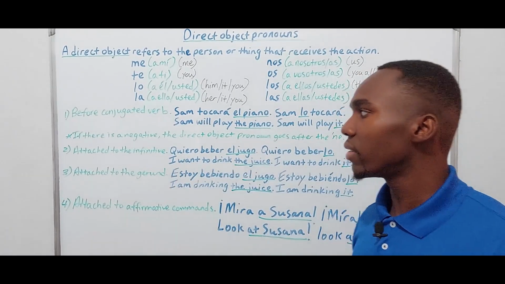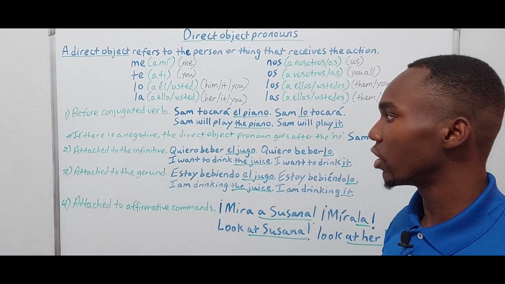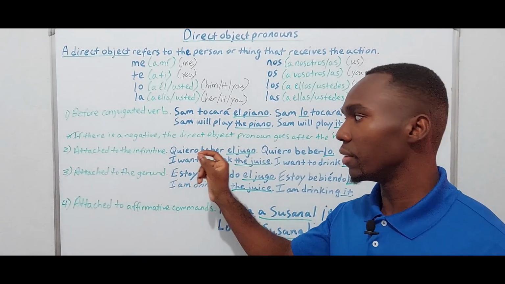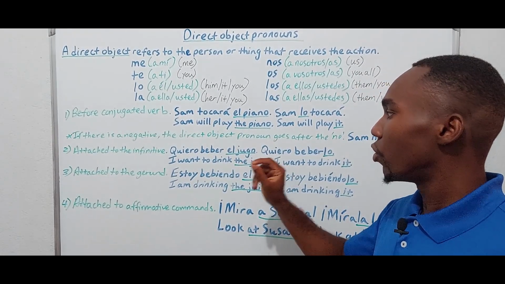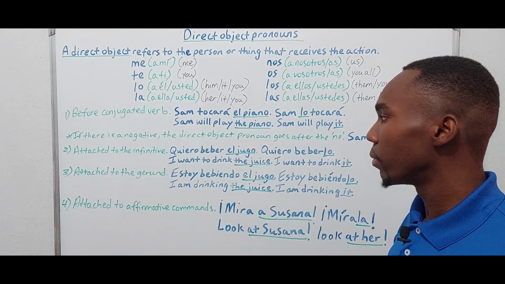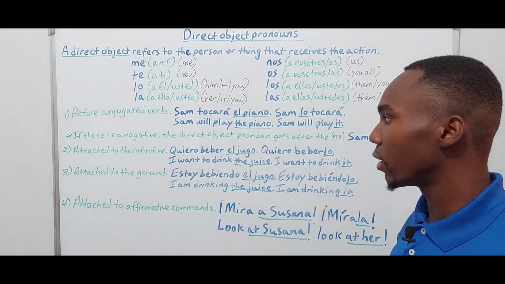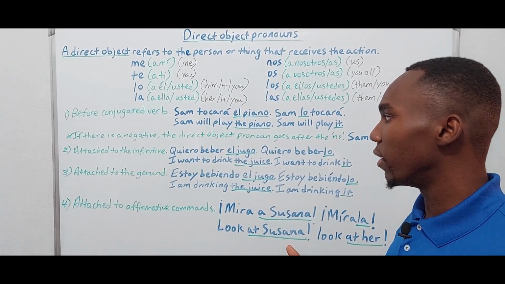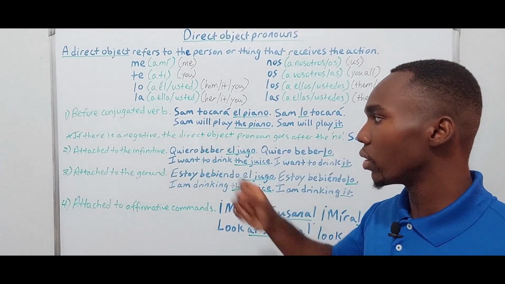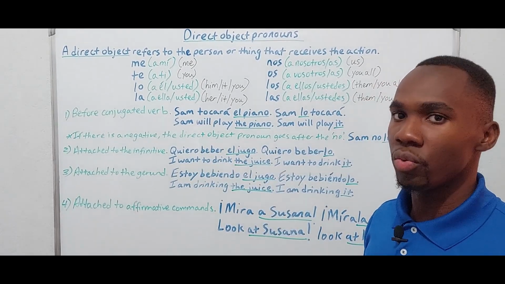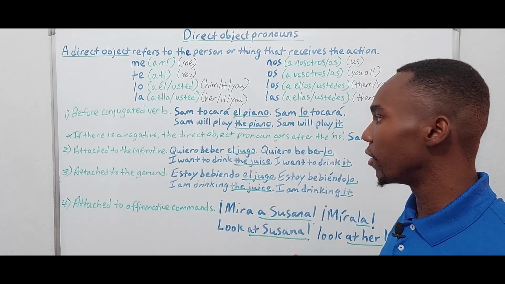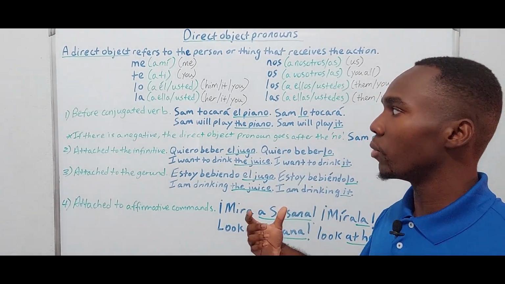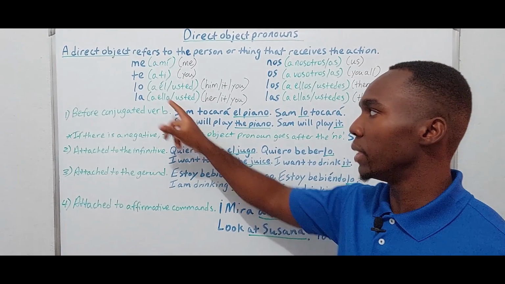The second place the direct object pronoun can occur in a sentence is attached to the infinitive. Of course, once there's an infinitive, right? So, quiero beber el jugo. Once again, we ask ourselves, what is the direct object? So, what do I want to drink? El jugo, the juice. The juice is singular, it's masculine, therefore, the direct object pronoun that corresponds to that would be lo.